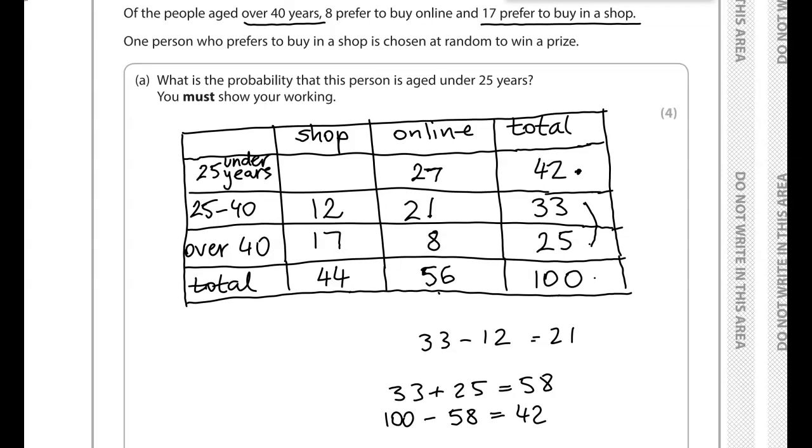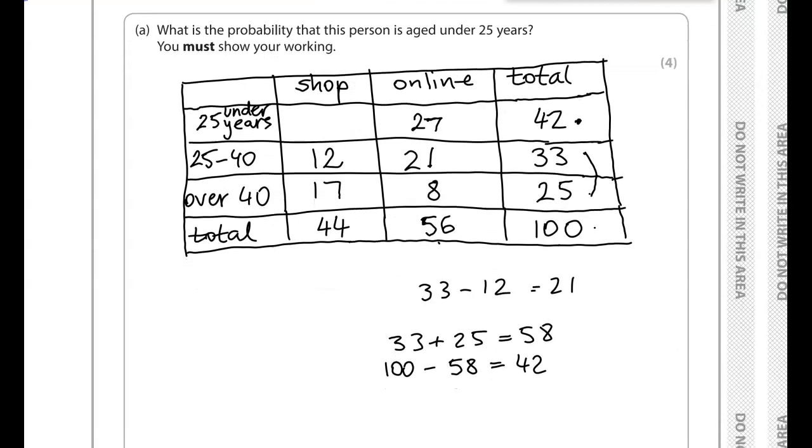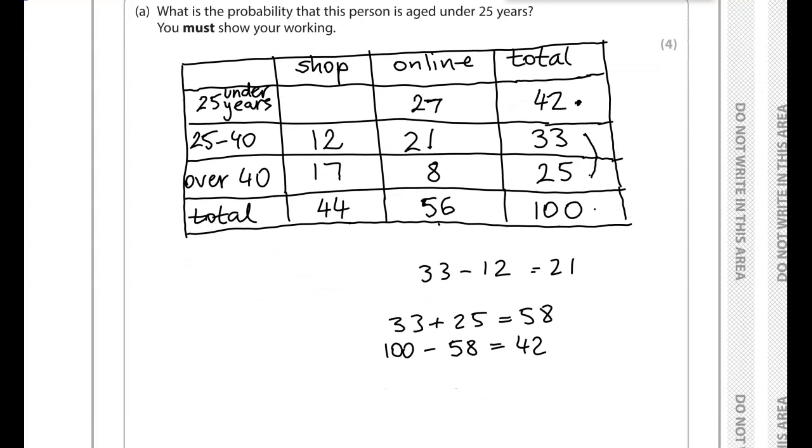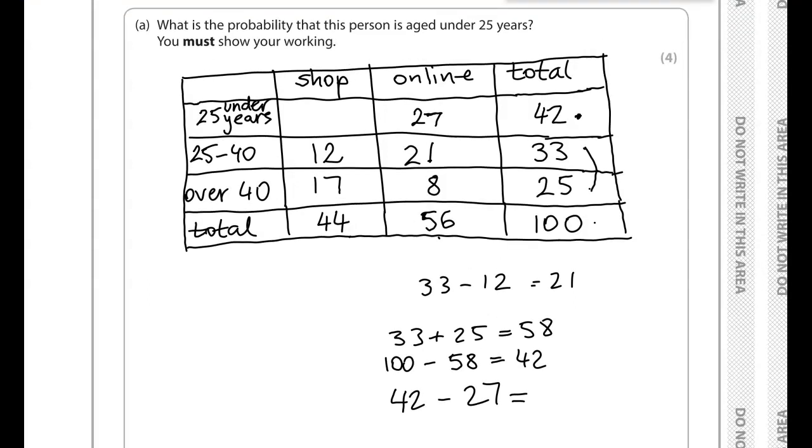So now there are in total 42 people under 25 years old. Take away the 27 who shop online, and it's going to give us the number of people who prefer to go to the shop and are under 25. And that's 15.